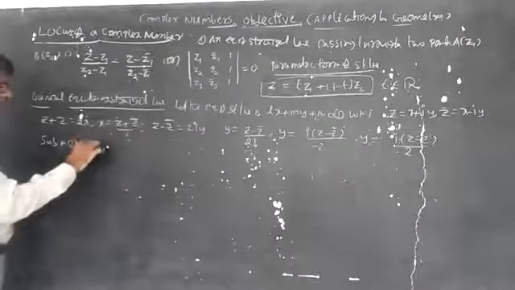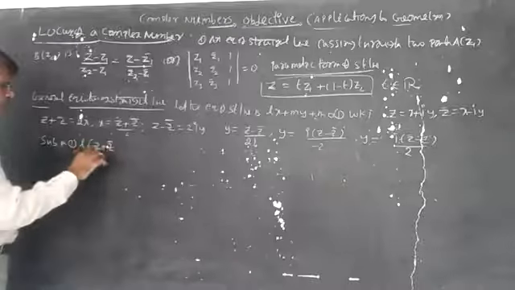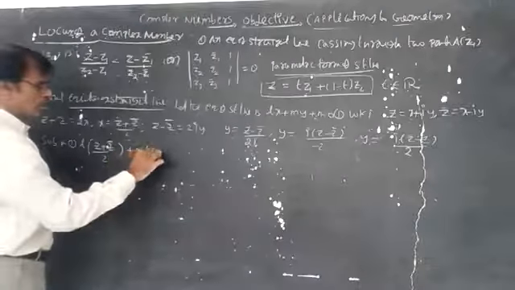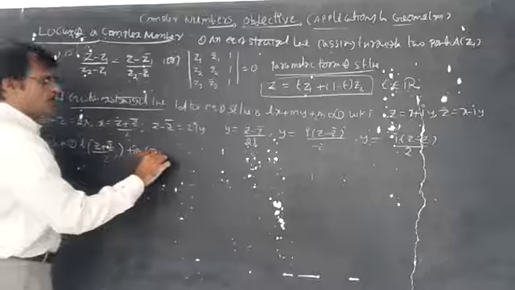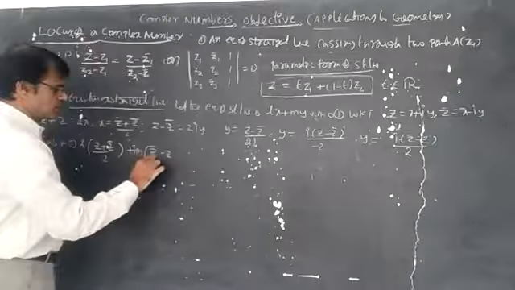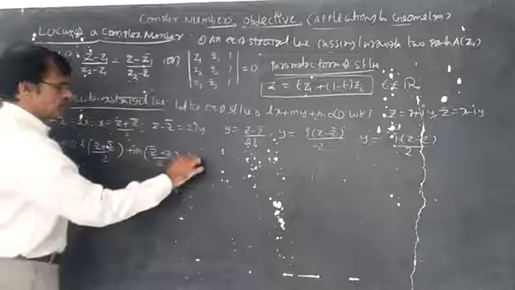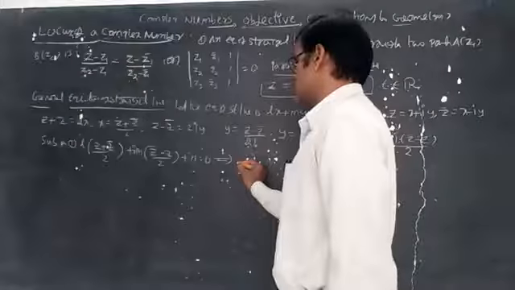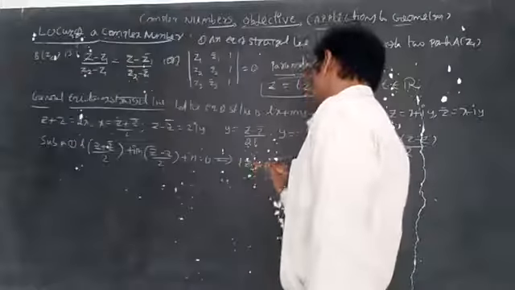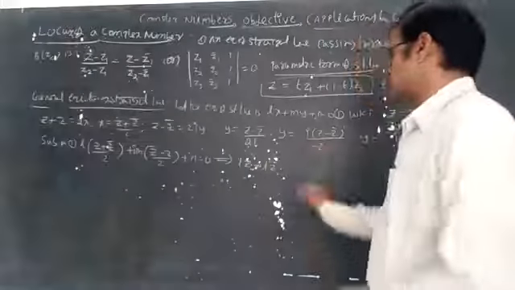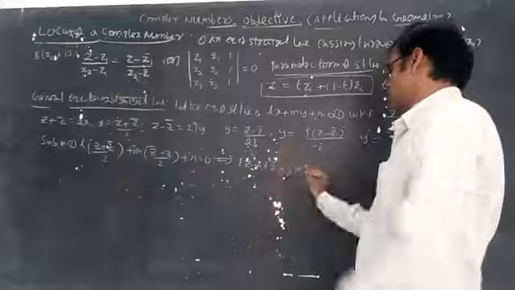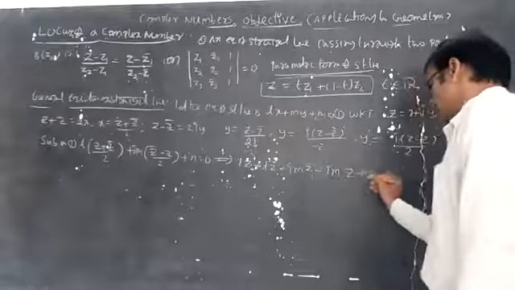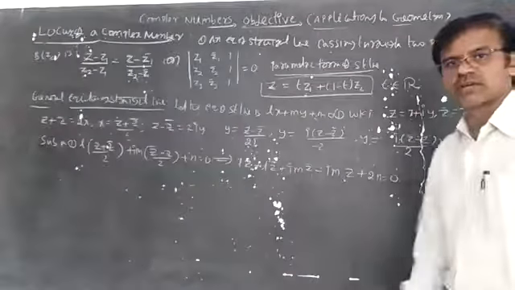So L into (z plus z bar) by 2 plus M into i into (z bar minus z) by 2 plus N is equal to 0. That implies, taking the LCM, Lz plus Lz bar plus iMz bar minus iMz plus 2N is equal to 0. 2N is nothing but a constant.